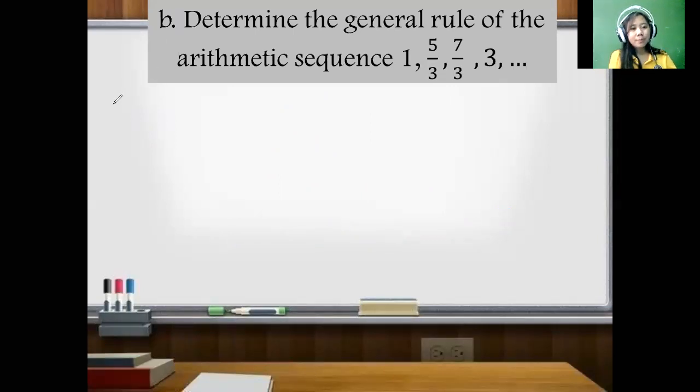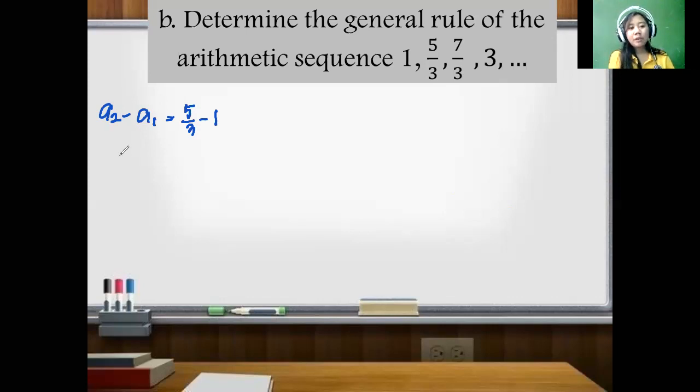So a sub 2 minus a sub 1 is equal to, what is your a sub 2? That is 5 over 3. Okay. Then what is our a sub 1? That is 1. Okay. So next, palitan na po natin siya sa our common difference.